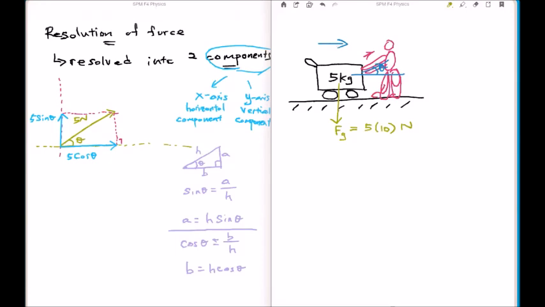This trolley will definitely not go up or down. It will only move left or right. For this case, it's not going up or down, so pushing down is the same as the normal force, or reaction force, by the law of Newton. So it's 50 Newton up and down.